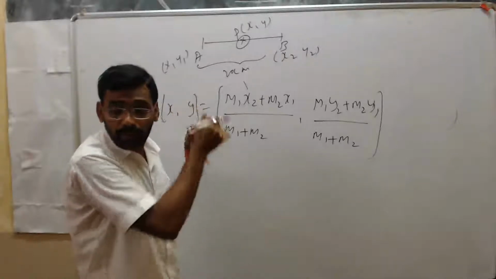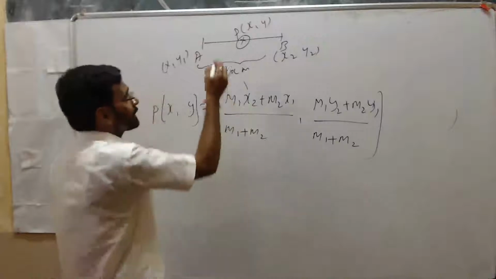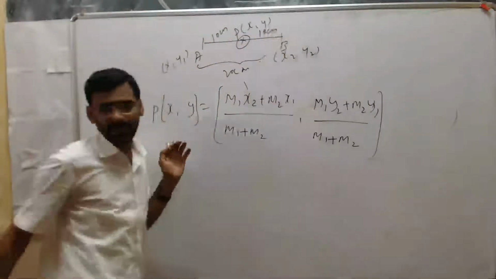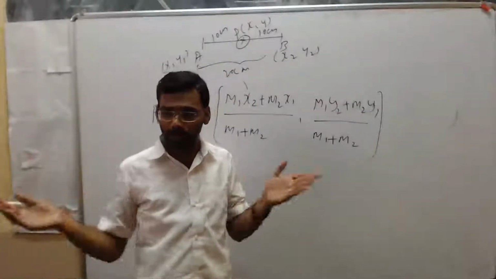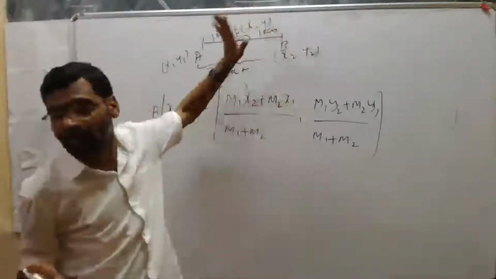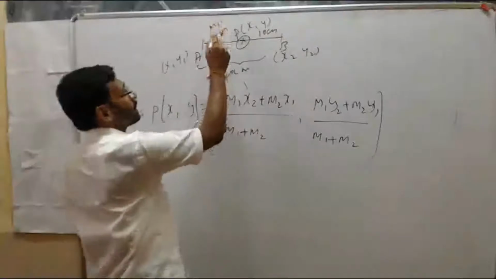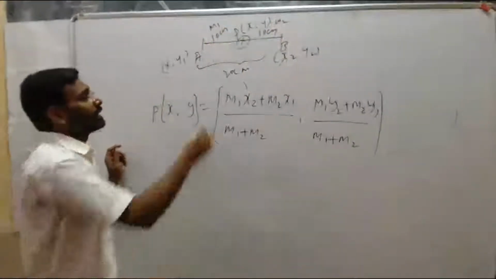The P point will divide it, since the position of P is the midpoint. Then AP distance is how much? 10 centimeters. PB distance is how much? 10 centimeters. If it is a midpoint, the midpoint will divide the line segment into 2 equal parts. If AP is 10, PB is also 10 because P is the midpoint. So M1 is 10 and M2 is also 10.